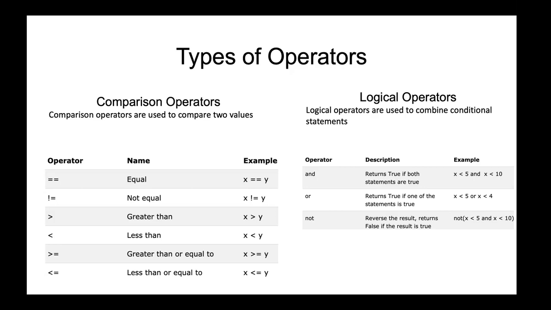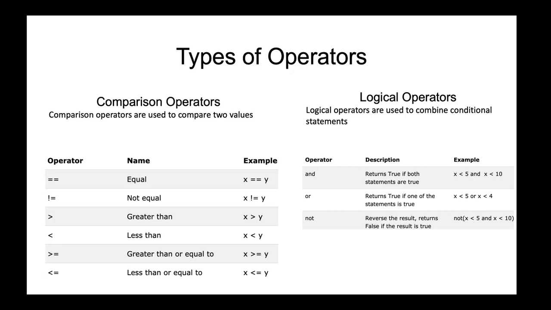Then we have logical operators, which are used to combine conditional statements. Conditional statements are statements that we use to get some information. So we can check if something is greater than 2, and we can use the AND statement to add another condition to check whether the value is also greater than or less than a certain amount.